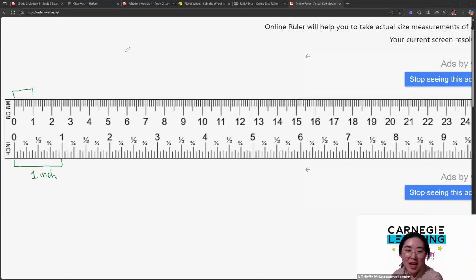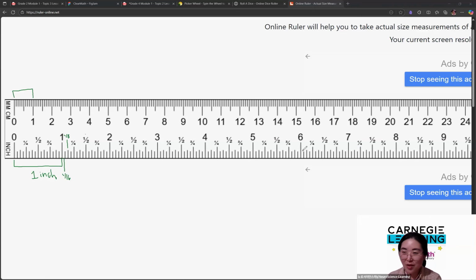Yeah, 2.5. And look here, in the inches ruler, we have a quarter, half, and 3/4. And here it is 1/8. And then here is 1/16. So that's how you measure in inches. You can measure your pencil and it might be 4.5 inches or 4 3/4 inches.